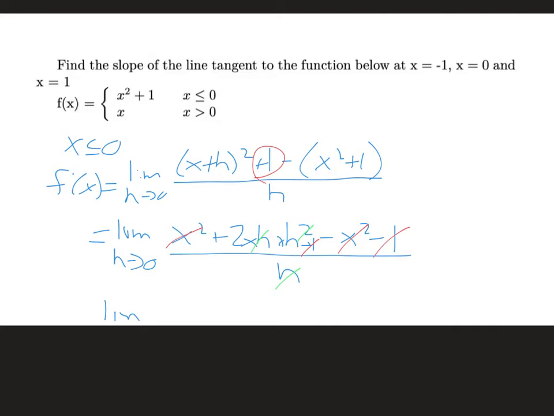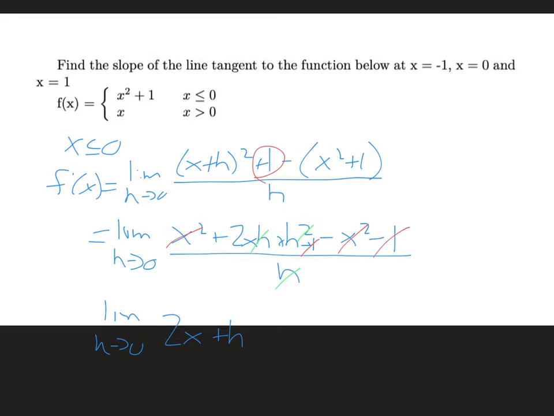Limit as h approaches 0 of 2x plus h. This h got canceled out. We only canceled out one of the h's here, so we still have this one left. So now I can plug in 0 for h, and I no longer have undefined because the h in the denominator went away.